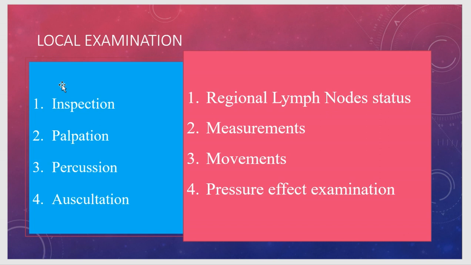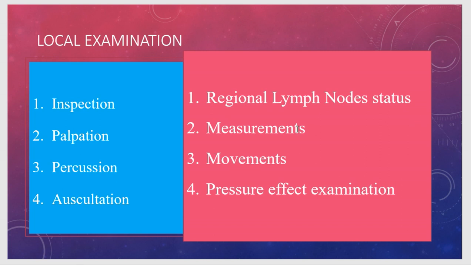And after these 4 broad groups, never forget to examine the regional lymph node status. Wherever the swelling is present, the drainage area of that swelling must be examined. So examination of regional lymph node is also important. And if distant lymph nodes are there, we can simultaneously examine those lymph nodes also, right?